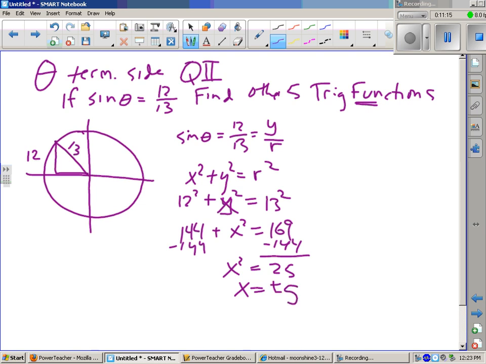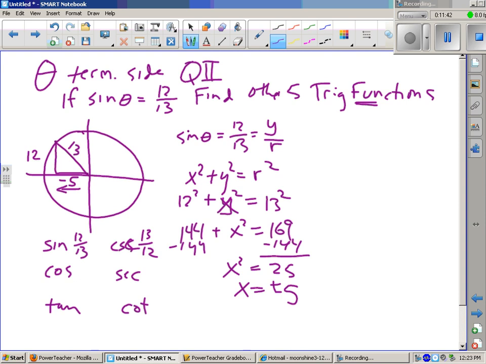Now your job is to figure out which one that is. So you look at where you are. You're in the second quadrant. You're going to the left. So it should be -5. So let's write down sine, cosine, tangent, cosecant, secant, cotangent. Evil twins. Sine is 12/13. Cosecant then would be 13/12.